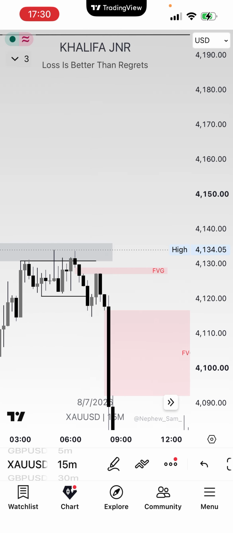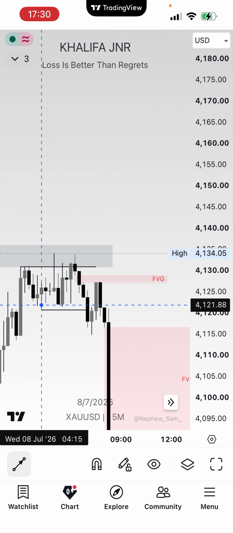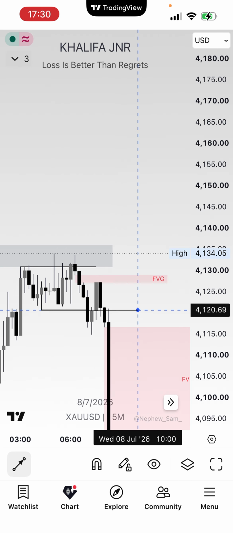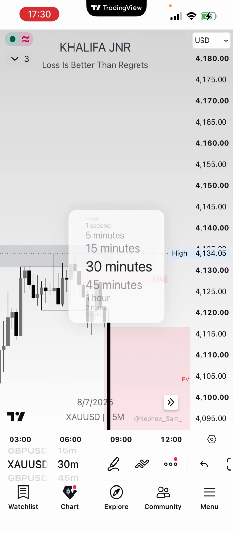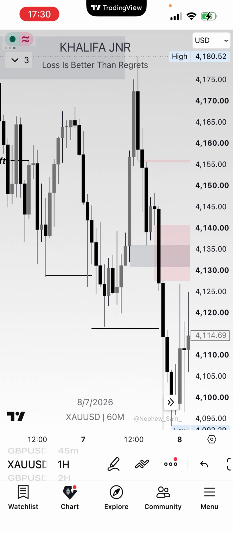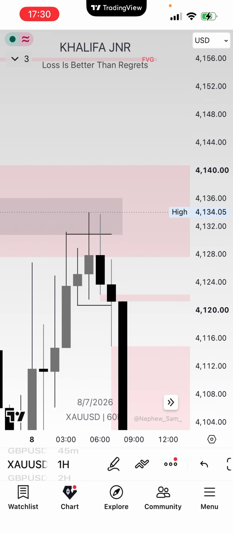Some people might just enter from this zone at which price cleared the low. Some people might enter from here, but I didn't do that because there's a particular order block I use for my gold trade. I use the morning star order block.